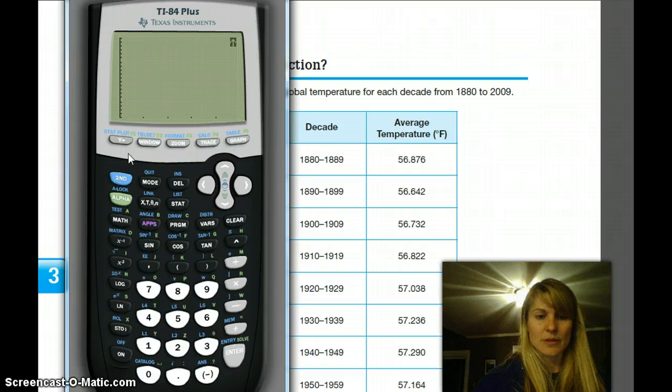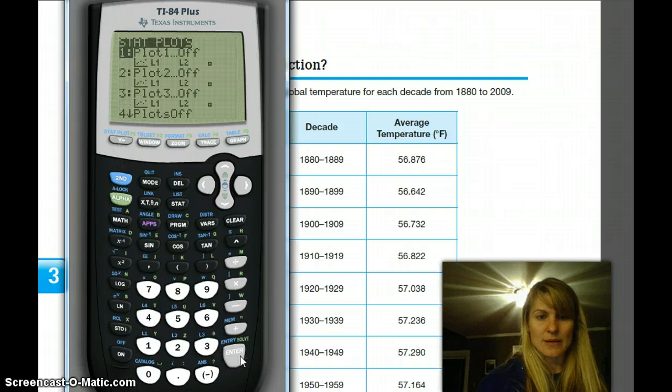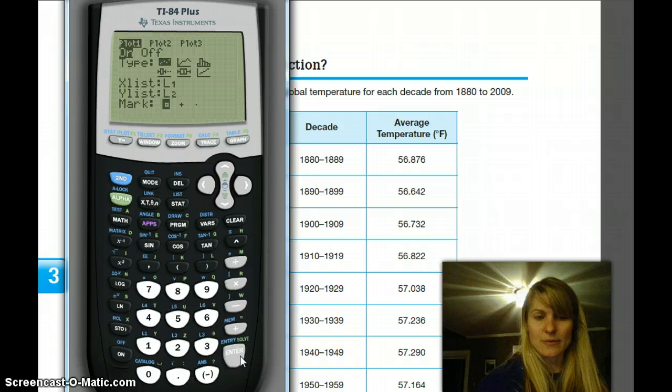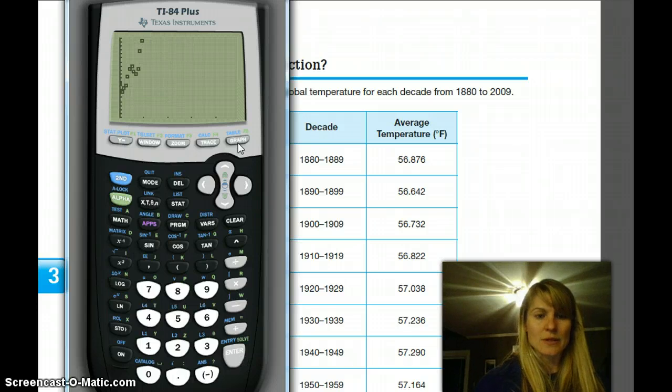Make sure my stat plots are on here. Probably not, because mine resets every time I do this, so I need to turn my stat plot back on. We had already turned it on in the previous lesson, so you guys should still be good there. All right, there we go. So there's my data. Actually, it looks like I should spread that out a little bit more.